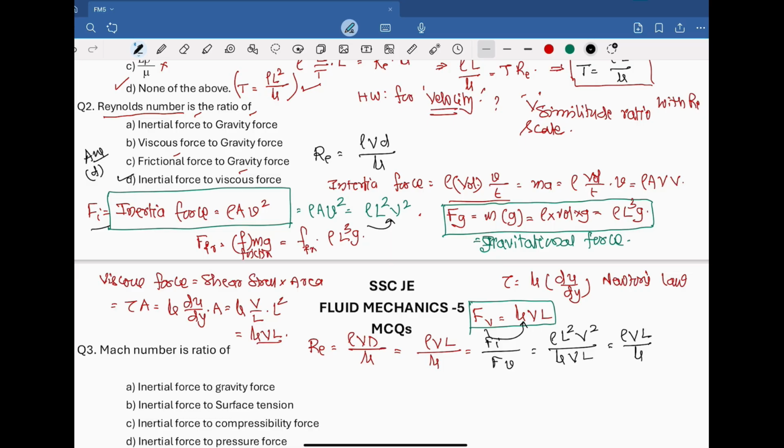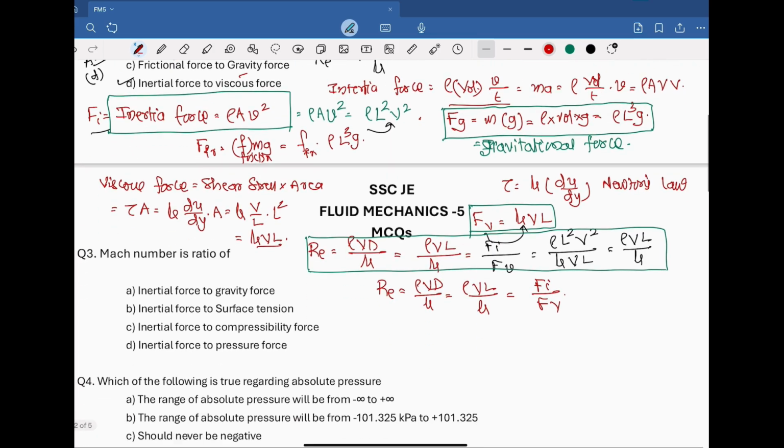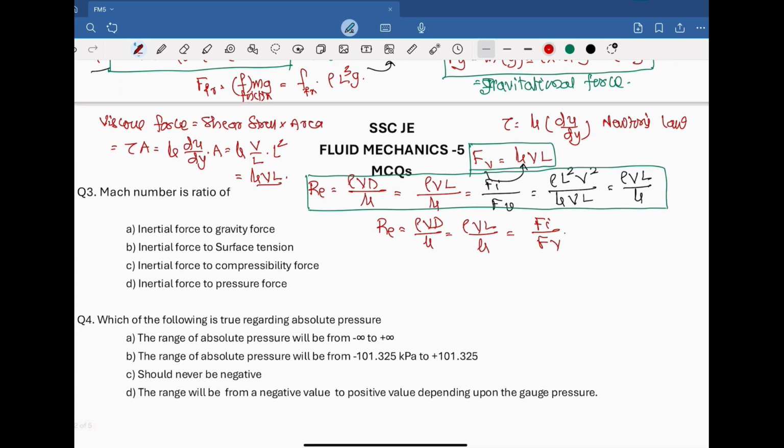Reynolds number is rho V L by mu. Yes, it has come. Very, very important relation. Reynolds number is equal to rho V d by mu, is equal to rho V L by mu, is equal to inertial force by viscous force. This you please remember.